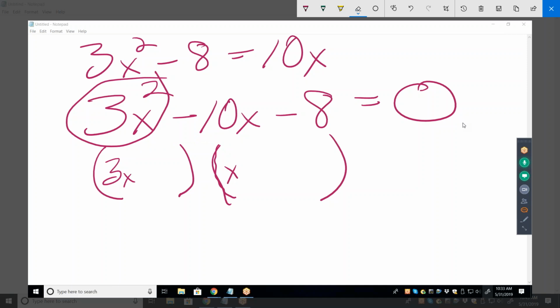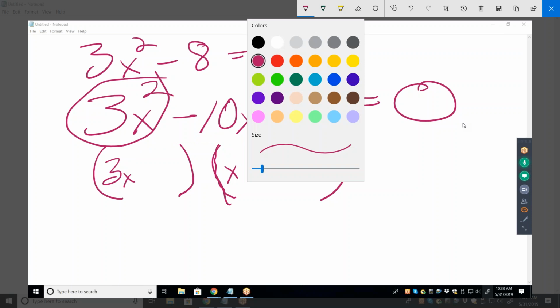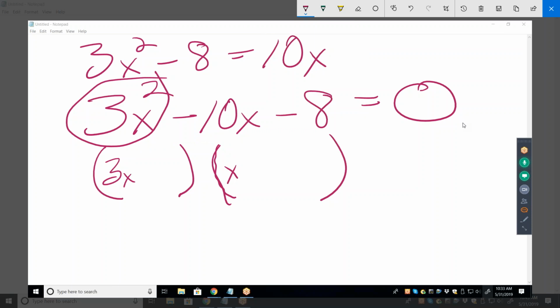It's the middle term that's more complicated, because the middle term comes from a couple of things. But the last term, this -8, only comes from the last two terms multiplying together. So the first term and the last term, you use that to factor it. What's the second step?